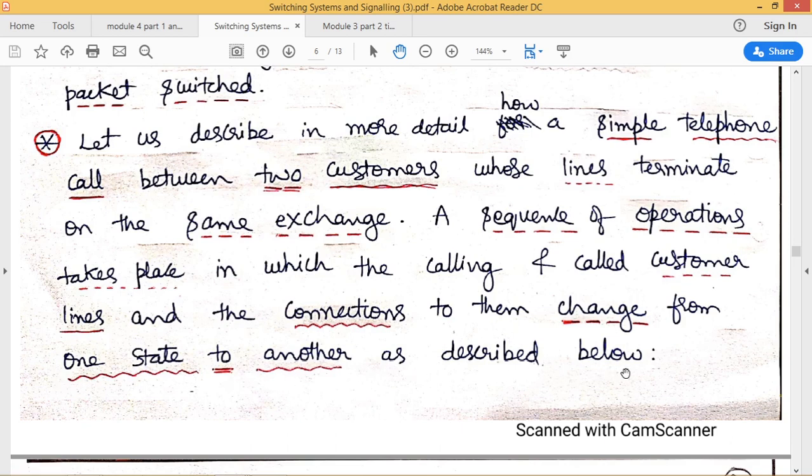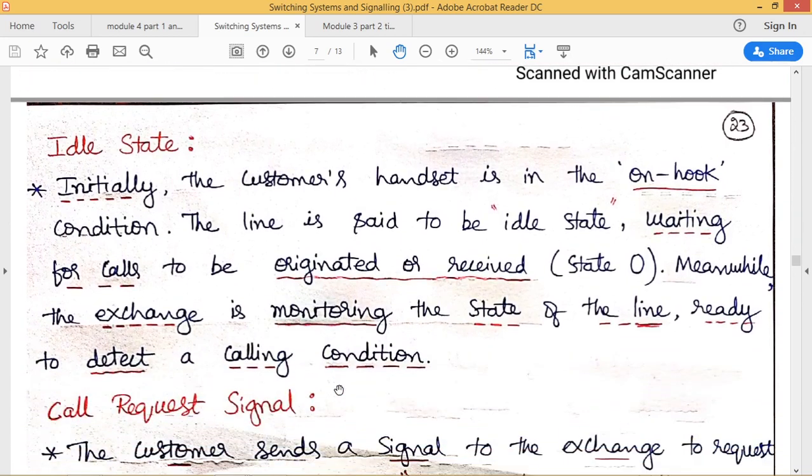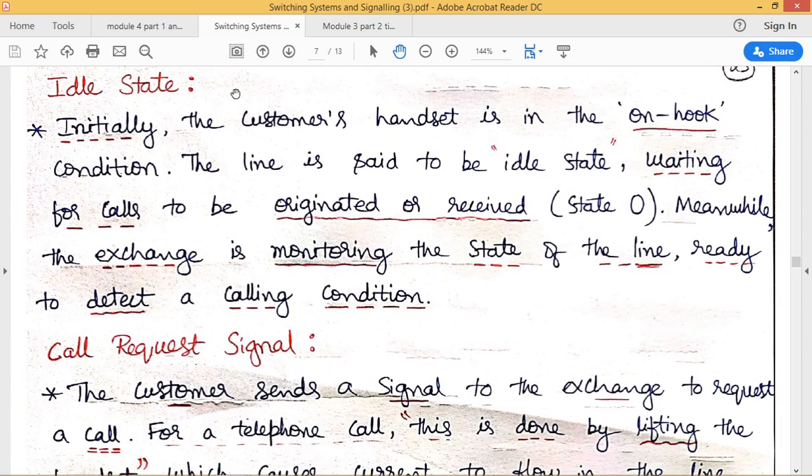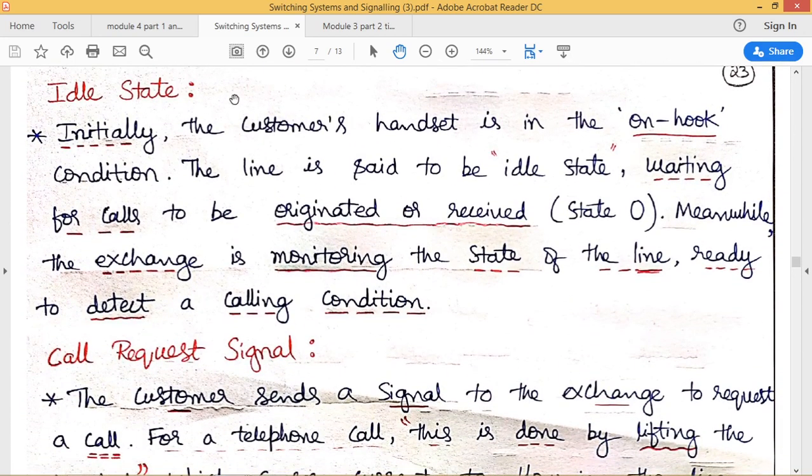Let us deal with the different states, or the different sequence of operations involved. The first state, or first scenario, that we consider is the idle state. Initially the customer's handset is in the on hook condition, and the line is said to be in the idle state, waiting for calls to be originated or received.